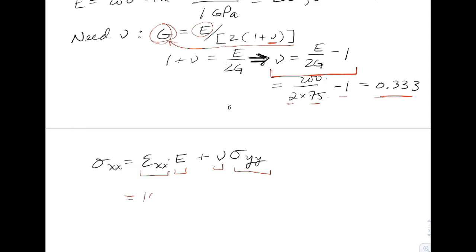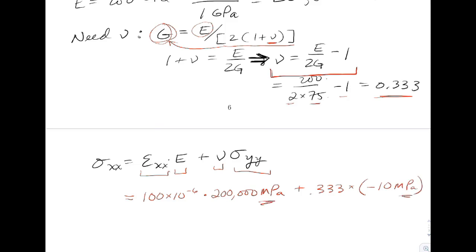So our numbers look like epsilon x was 100 times 10 to the minus 6 times E, we're going to use 200,000 megapascals plus 0.333 times sigma y, which was minus 10 megapascals.